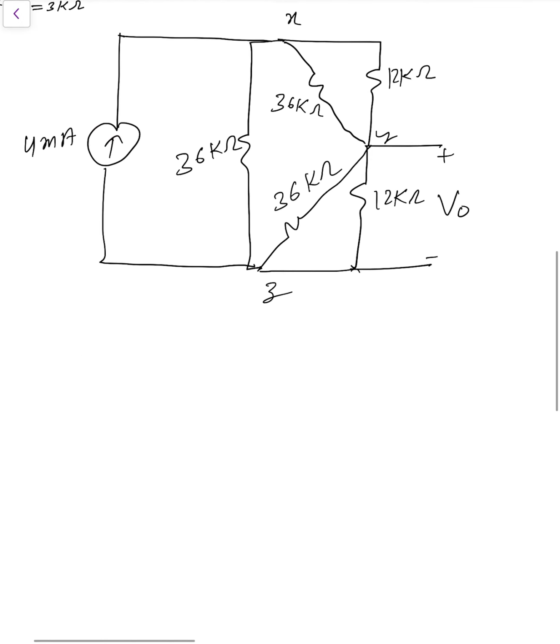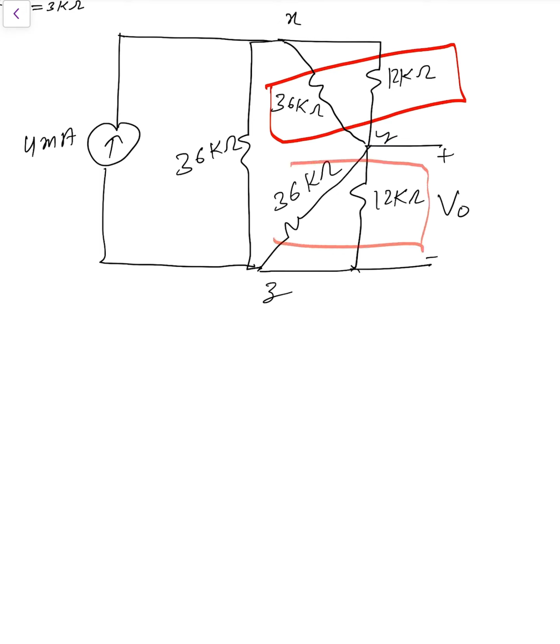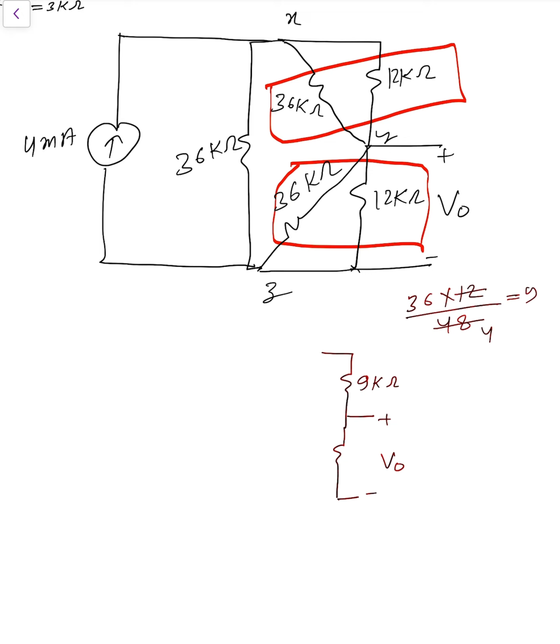Now, you can say that these two are parallel, these two are parallel. So the combination of these two, we got this one and this one, here plus, here minus, V naught. 36 into 12 divided by 48, that is 9 kilo ohm.